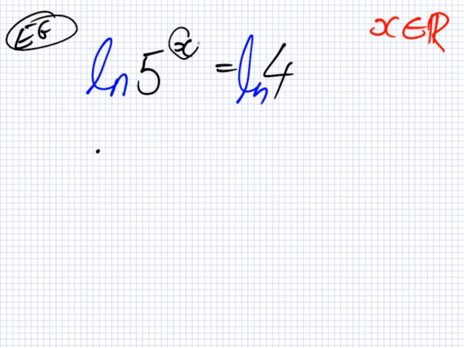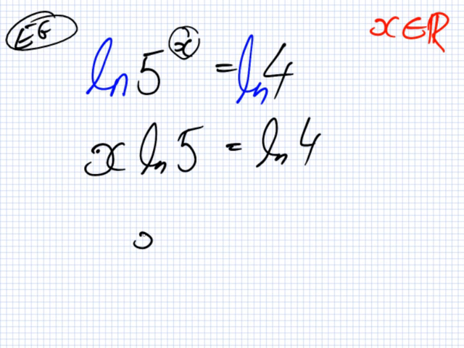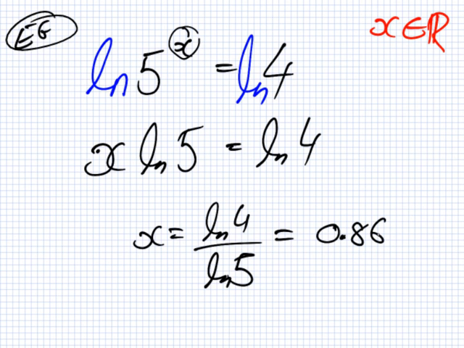This x, I can bring it down in front. So I get x log 5 equals log 4. So x equals log 4 over log 5, which is 0.861.